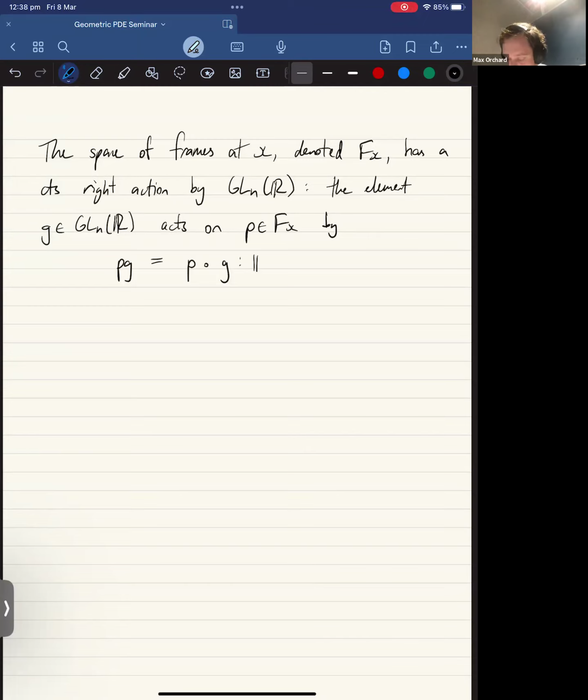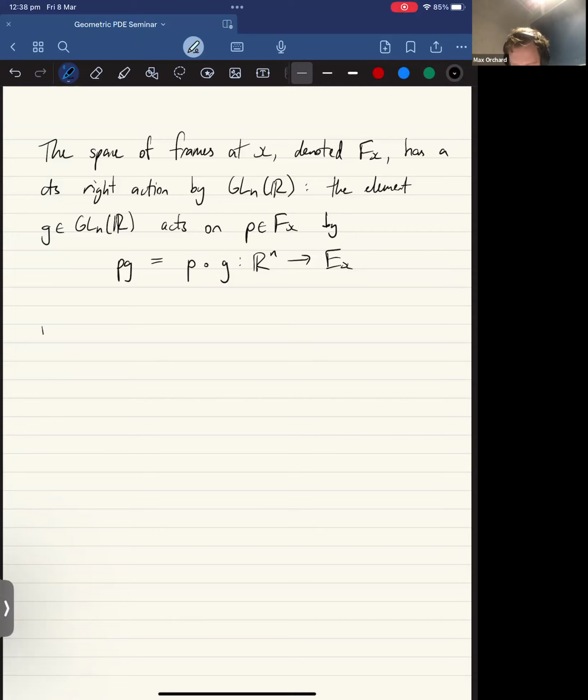So this also goes from R^n to E_x. Now, this action is clearly transitive and free. This is just by linear algebra. And this map is also clearly a homeomorphism, and its inverse is just given by p composed with g inverse. So we get this action here that preserves the fibers, is continuous, transitive, and free.